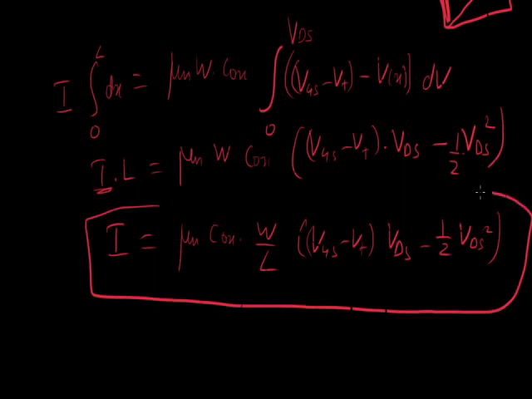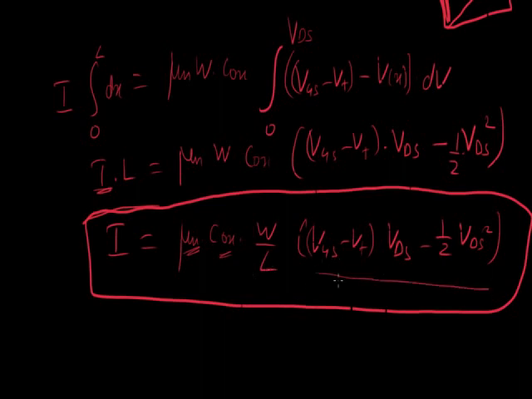My dear friends, you have finally derived the most important equation of all time in analog CMOS circuit design. Congratulations! If you see here, it has all the terms that we said it would have. It has a mobility term, a capacitance term, the W, the L, and the effective voltage. It just looks longer, but it's the same thing.